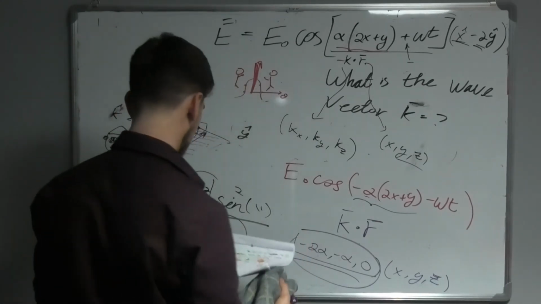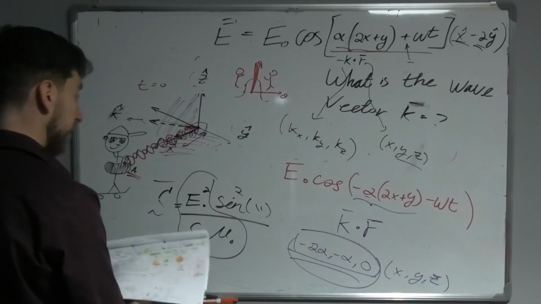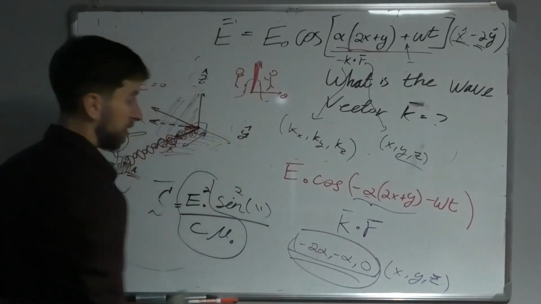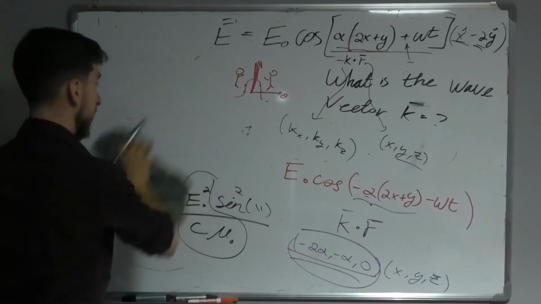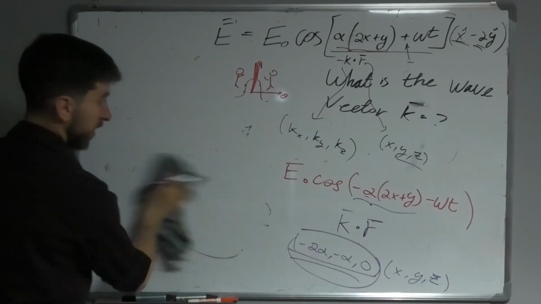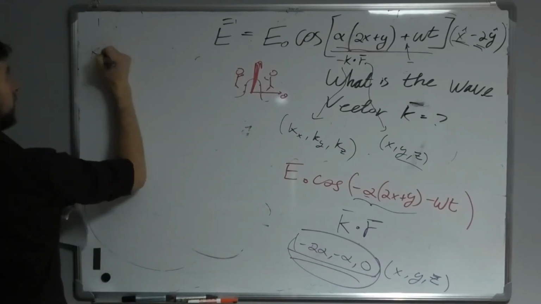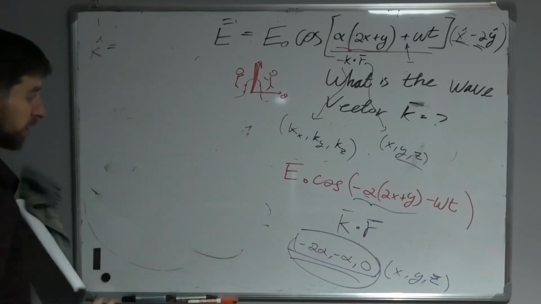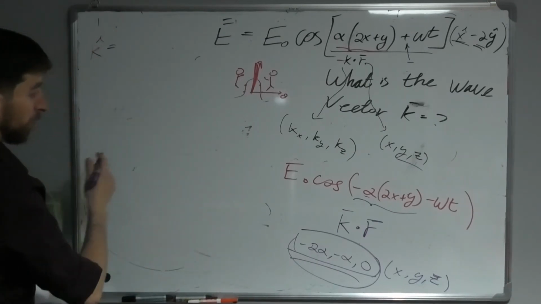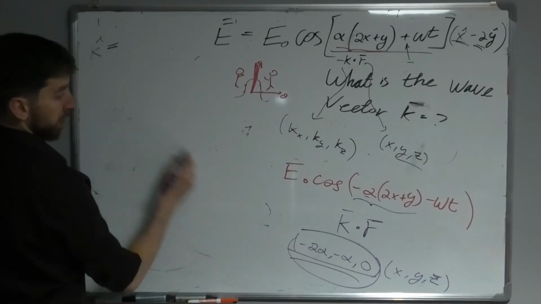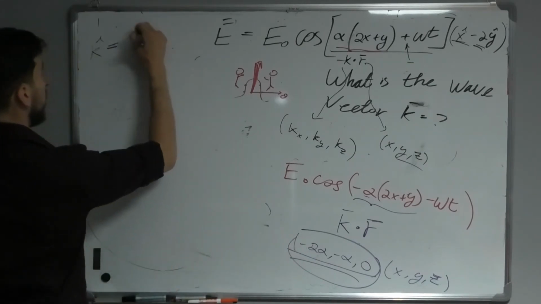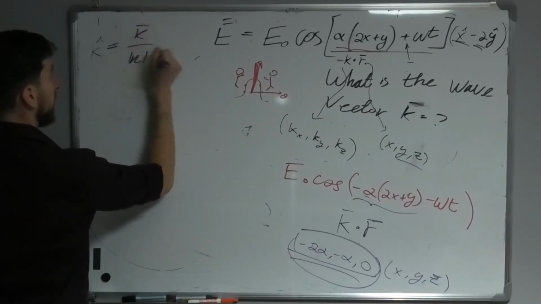What is the direction of the vector k? It can be easily found. I just need to take the vector k and divide it by its magnitude. So the direction of k is equal to k itself divided by k the magnitude.